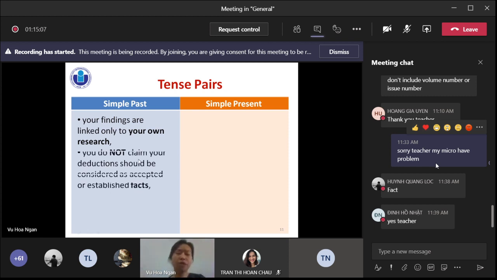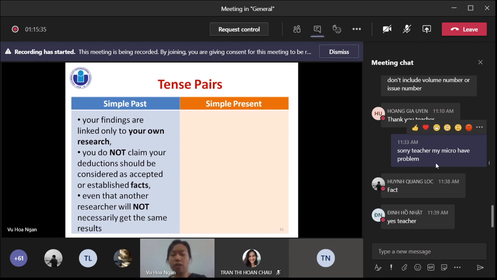So that's why the writer doesn't want to say anything about considered, accepted or established facts. What does that mean? That it is not generalized to everybody, right? Or to other studies. So we also have the third explanation here.